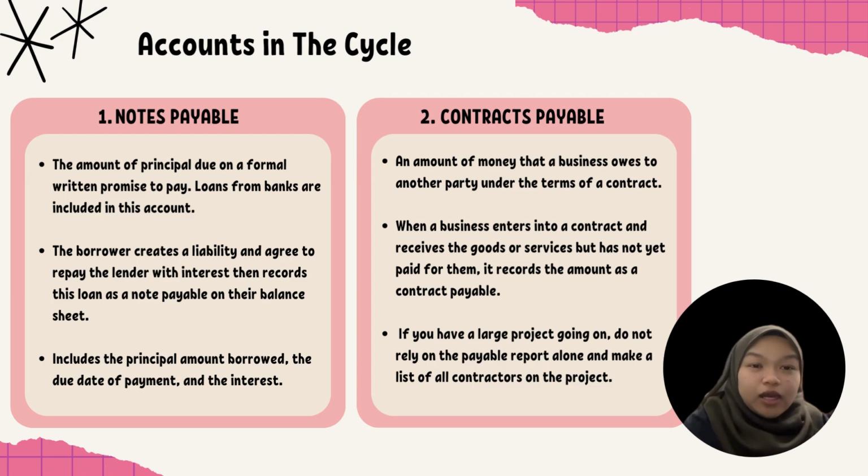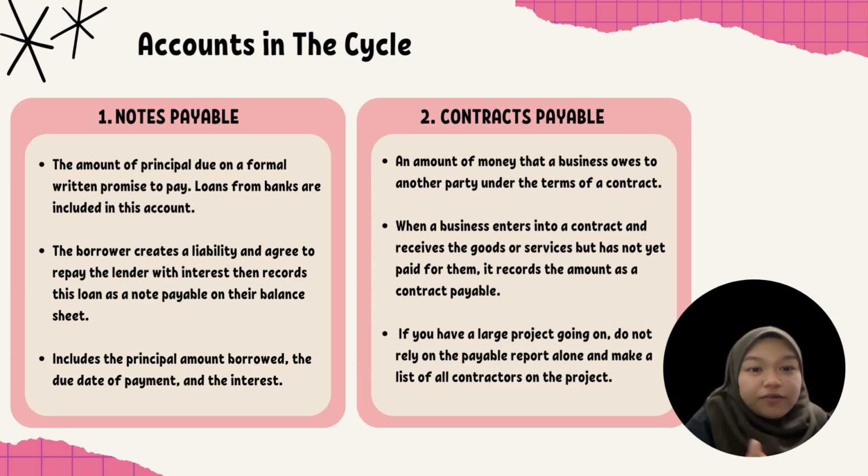For my part, I will explain about accounts in the cycle. The first one is notes payable. A note payable is a liability account in which a borrower records a written promise to repay the lender. When accounting for notes payable, the borrower creates a debt by taking a loan from another party and agreeing to repay the lender with interest.